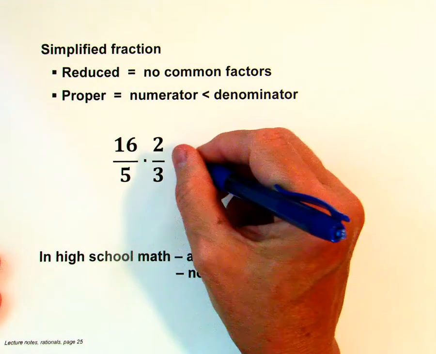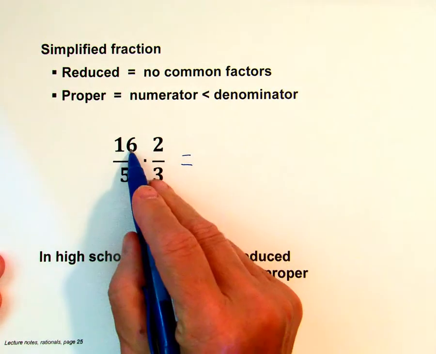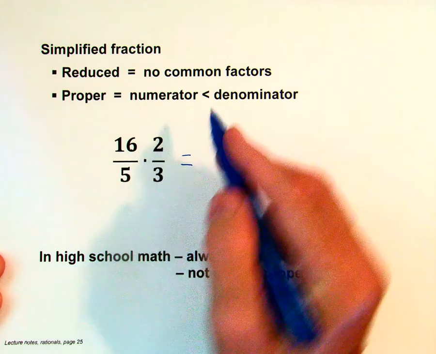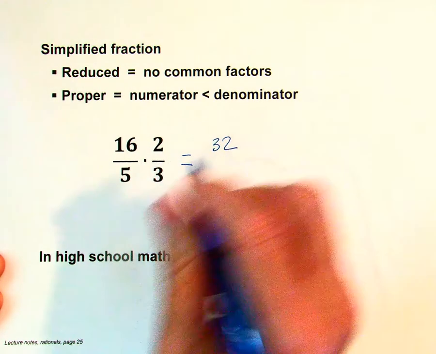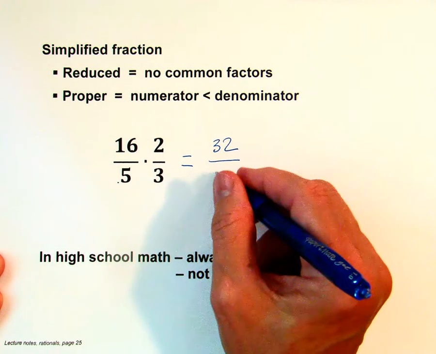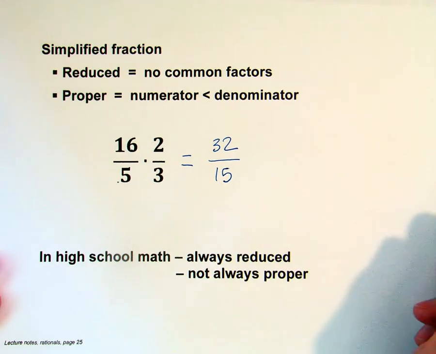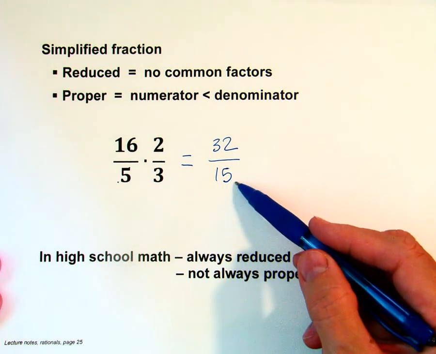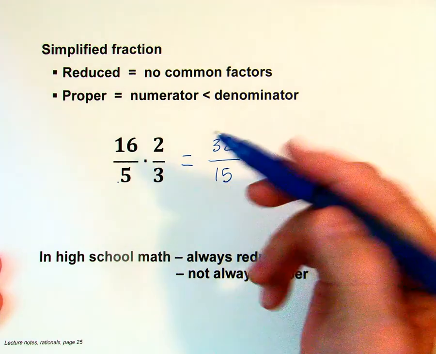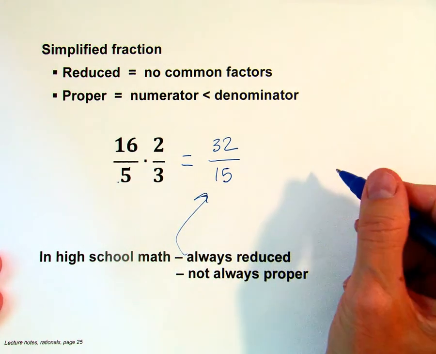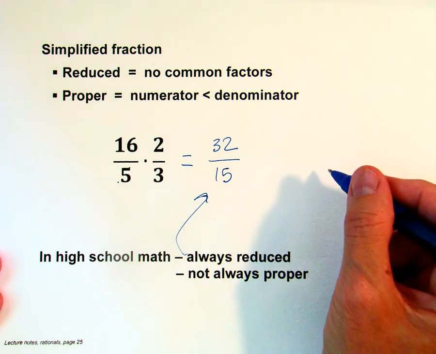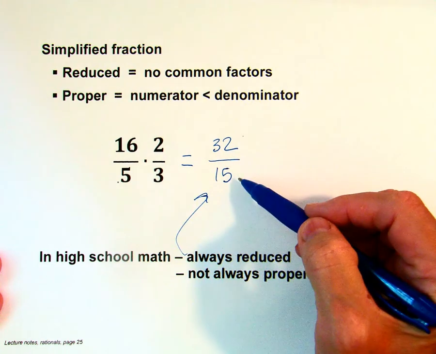Okay, what do we do to multiply? Y'all know this. Top times the top goes on the top. Bottom times the bottom goes on the bottom. And there we have our answer. Okay, this happens to be reduced because it has no common factors. It is not, however, proper because the numerator is larger than the denominator.